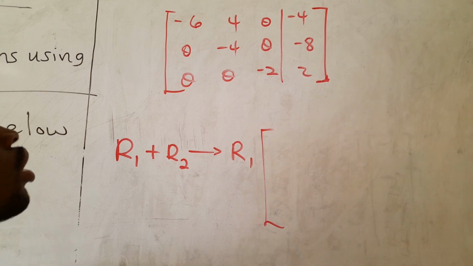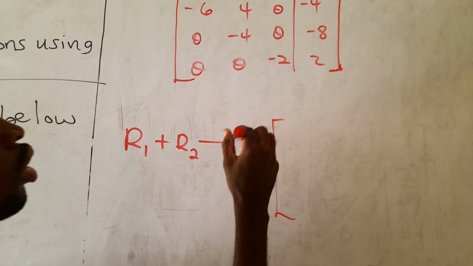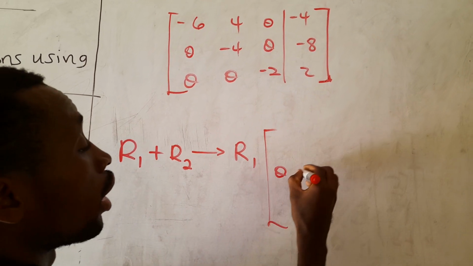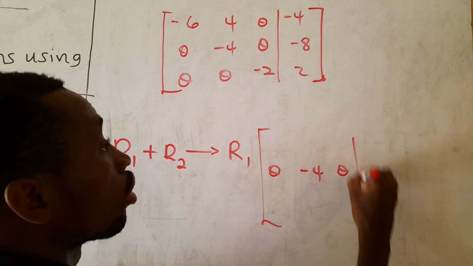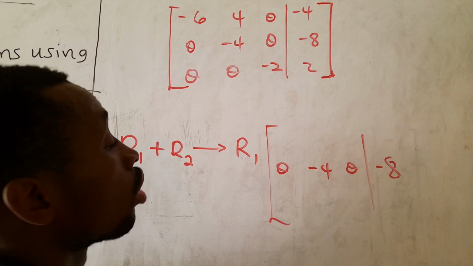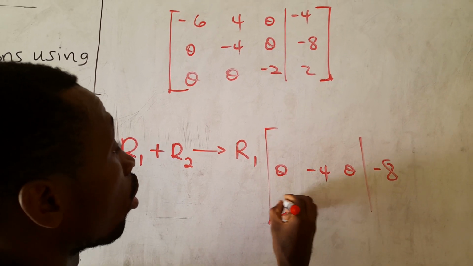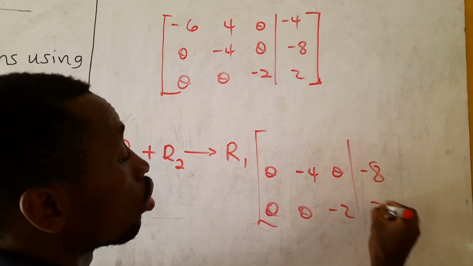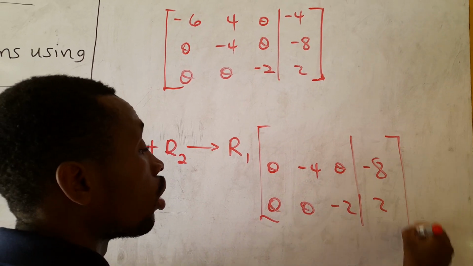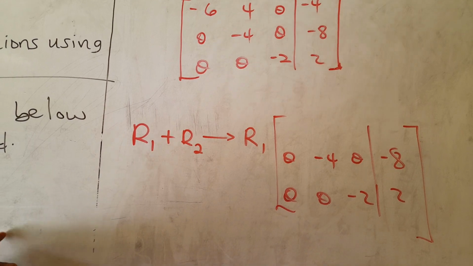I hope you get that. So my second one and the third one will not be affected. So negative 8, 0, 0, negative 2, 2. Only the first one. So let's go.